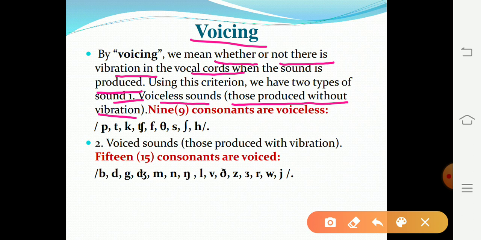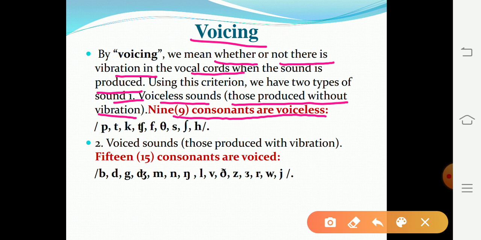It means that the vocal cords are wide apart. The sounds produced with a wide open glottis are called voiceless sounds, and 9 consonants are voiceless. It is important to remember that 9 consonants are voiceless.